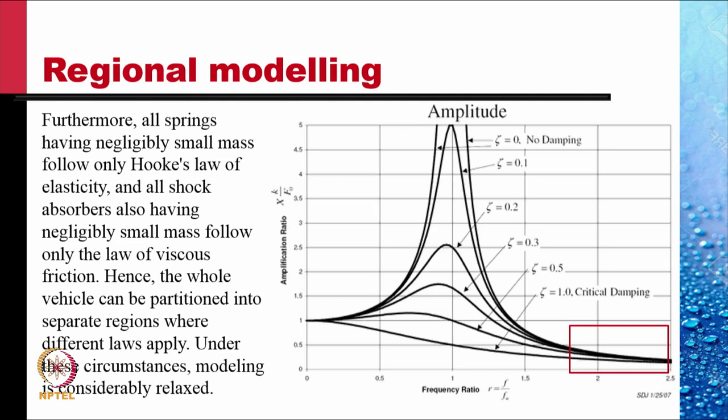Hence, the whole vehicle can be partitioned into separate regions where different laws apply, so that the masses are considered to be without any elasticity. The springs and dashpots are considered to be without any mass. Under these circumstances, modeling is considerably relaxed.